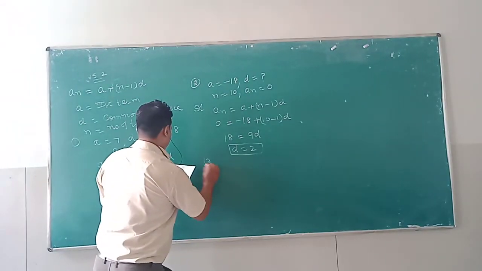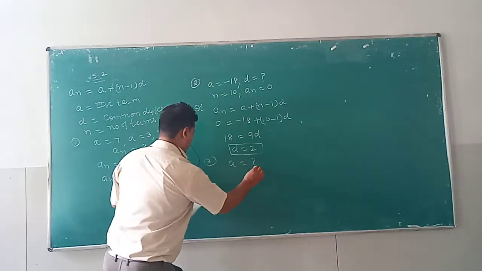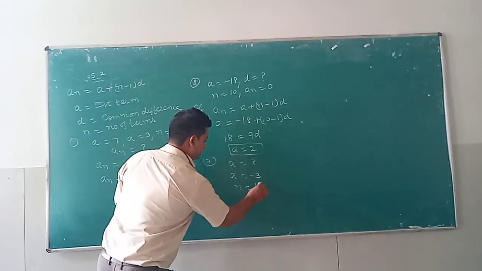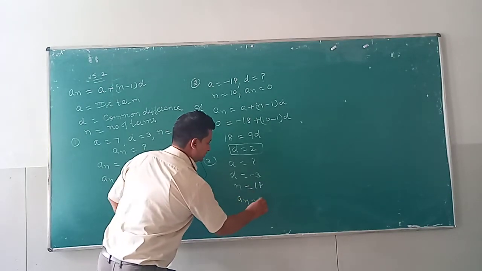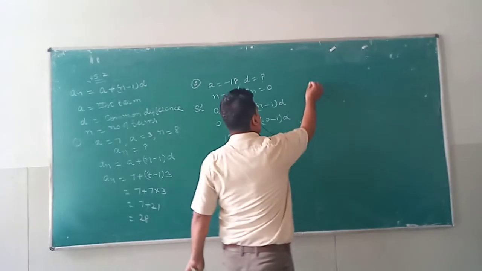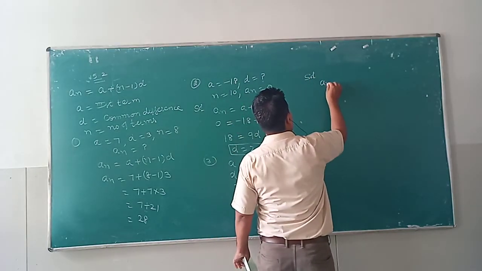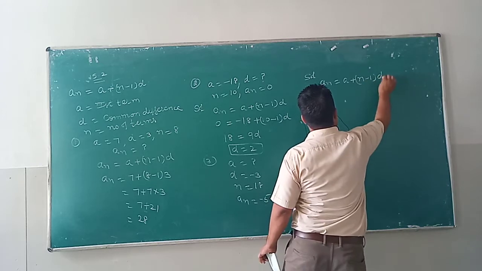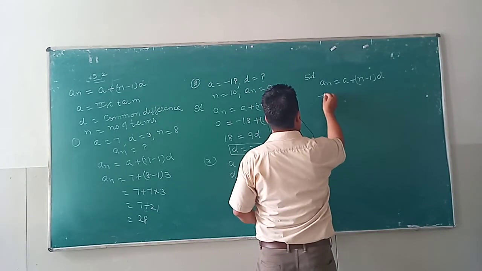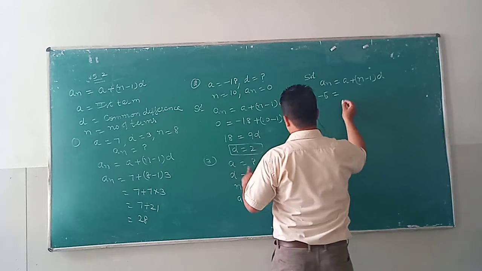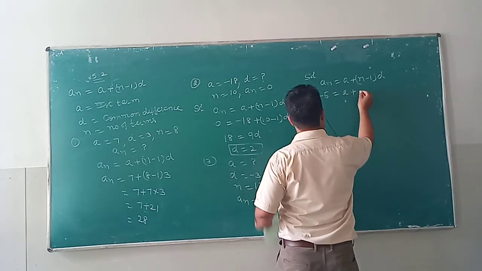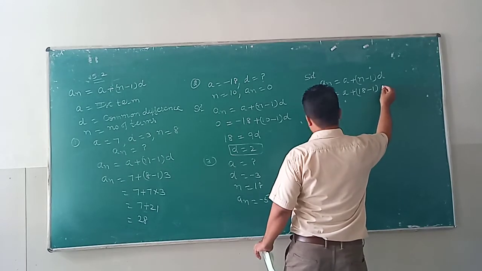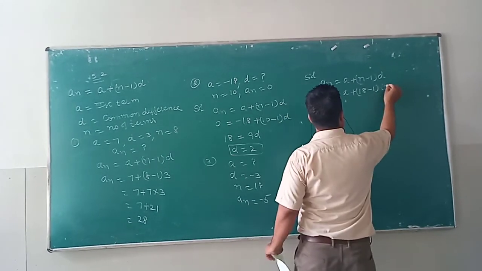In question number 3, a is to be found, d is minus 3, n is 18 and an is minus 5. So the formula is an is equal to a plus n minus 1 into d, where an is minus 5, a is to be found, n is 18 and d is minus 3.